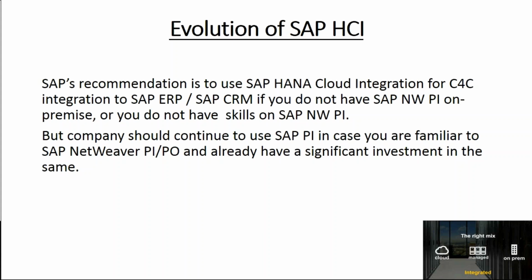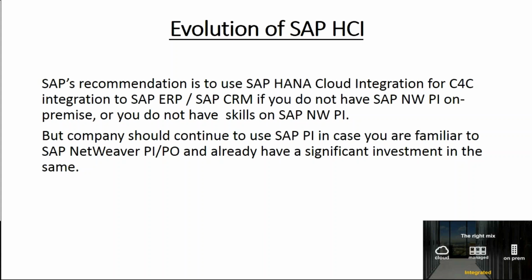So SAP at that time said that people who have existing PI in their landscape don't need to migrate to HCI. They are not retiring PI as of now or in the near future. They have also provided the HCI plugins in PI.